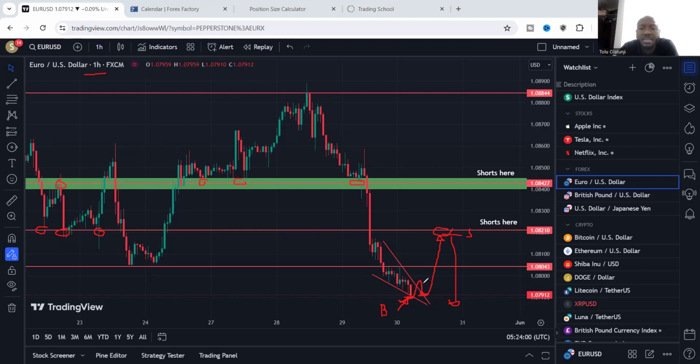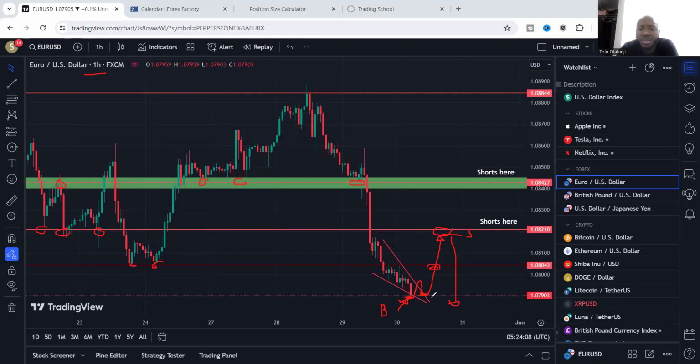For sellers, I wouldn't really pick this place because it's a bit too close to support. It won't give us that much profit. We always like something that gives us a good risk to reward ratio. So I'd prefer here or here. This might be a long shot, but let's say here around the 1.0820 marker for shorts to take it back down. Let's see how that goes at the end of the day.